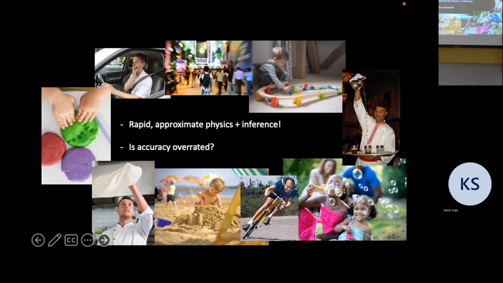Is there any use to this? And I found that in different domains, as I posed this question, people came back and said, yes, we would love to have something like that. So one of the central themes of what I'll be talking about today is this idea of, can we sacrifice accuracy for speed? And if we want to do this in a principled way, then how difficult is this problem?